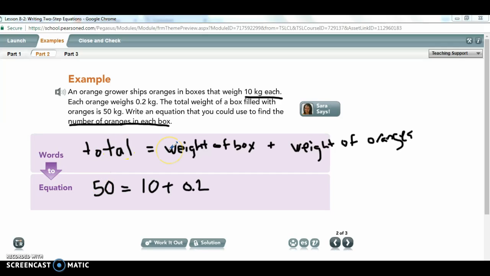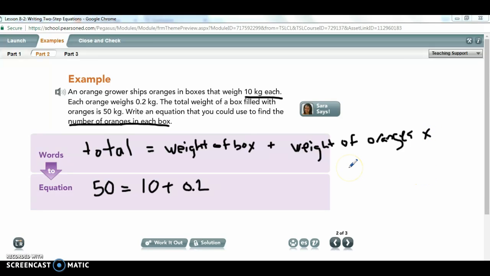And what I'm trying to find is how many oranges are going to be in the box. So I don't know that number, so I can use that knowledge to figure out that that's going to be the variable in my problem. Whenever I have the weight per orange and I'm trying to figure out how many oranges that is, when you combine that, it's always a multiplication problem.